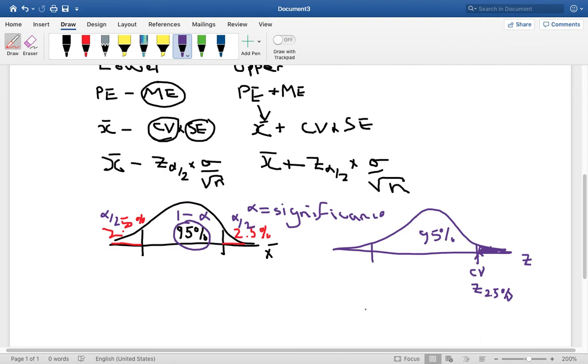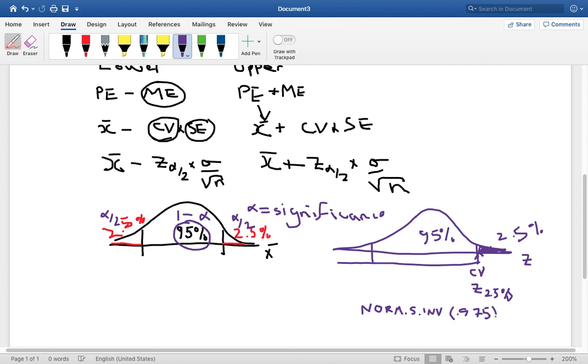We can just calculate that in Excel as norm.s.inverse of the area to the left of this point. If the area to the right is 2.5%, then the area to the left is 97.5%, or 0.975.